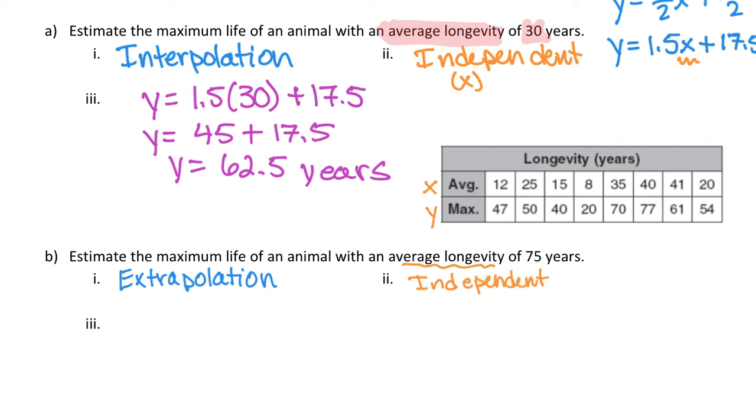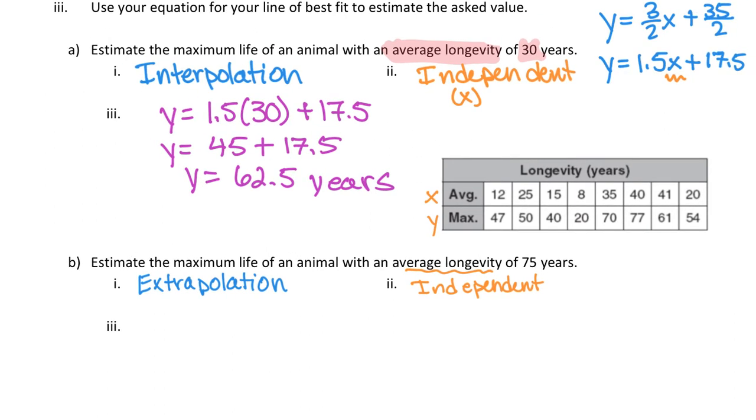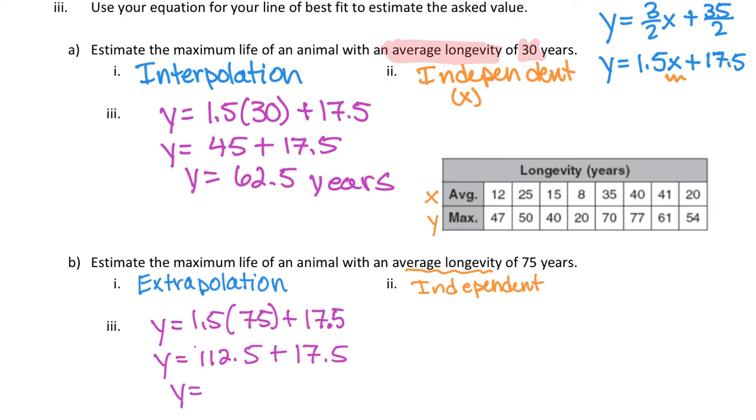And finally, we're going to put it all together by putting it into our formula. So I'm just going to zoom back out so we can see that formula again. And here we go. So I've substituted that 75 in, and then I'm going to do 1.5 times 75. And when I add those two together, the 112.5 plus 17.5, I get 130 years.